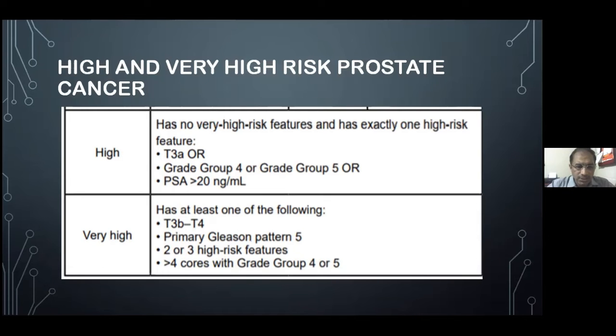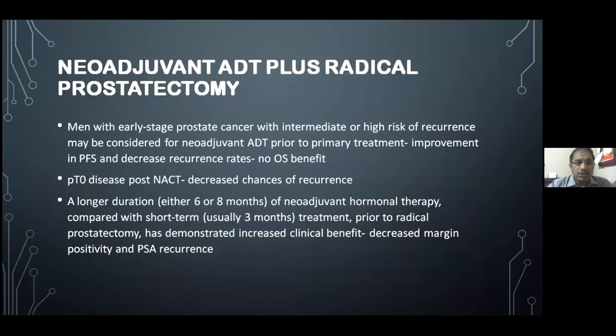Now, starting with neoadjuvant ADT and where we use it. Do we have any role of neoadjuvant ADT with radical prostatectomy? There has been some data on this. Men with large early stage prostate cancer in the intermediate and high risk group may be considered for neoadjuvant ADT prior to primary treatment, especially surgery, because it does improve progression-free survival, but it doesn't have an impact on overall survival.